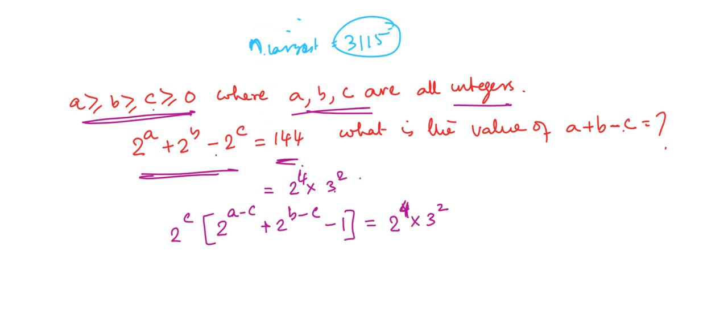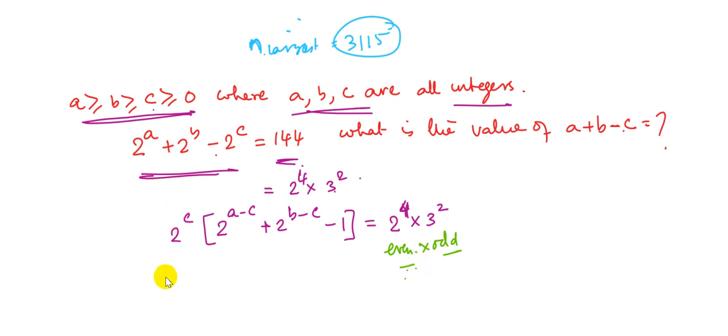Now, this is an even number, this is an odd number. So the left hand side also needs to have a product of an even and odd. Try to understand the logic. Your right hand side is even into odd, so naturally your left hand side also has to have the same factors.